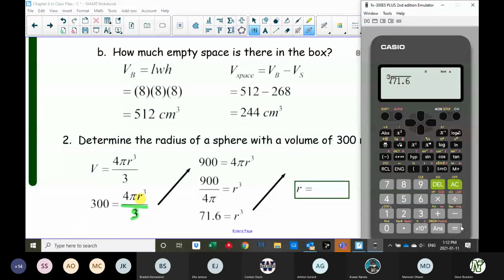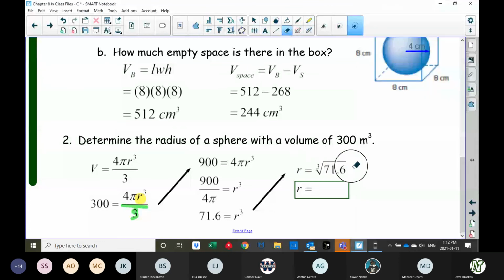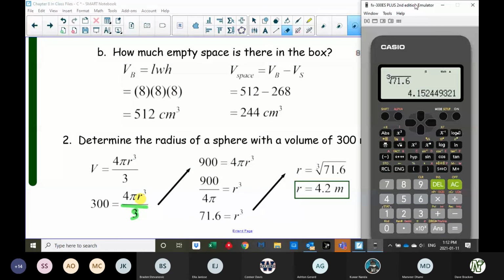And by hitting equals, we're getting an answer of 4.15. I rounded it to 4.2-ish. That is going to be the radius of this sphere to give us 300 meters cubed.